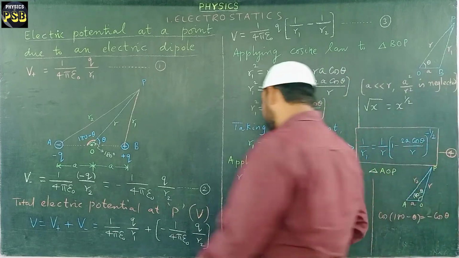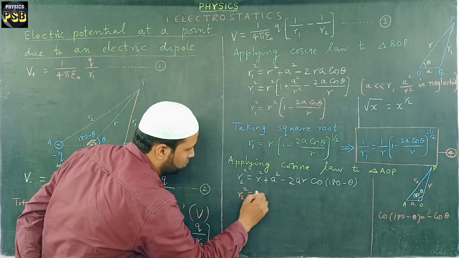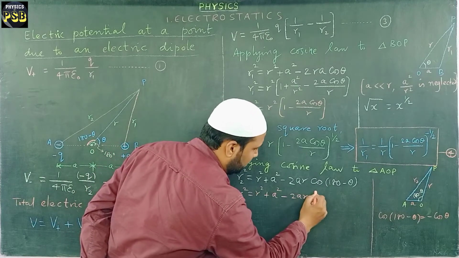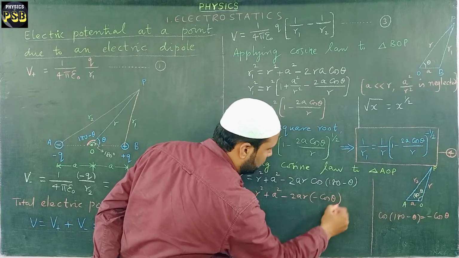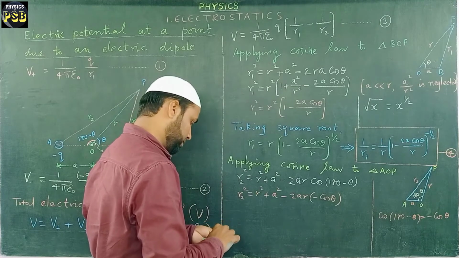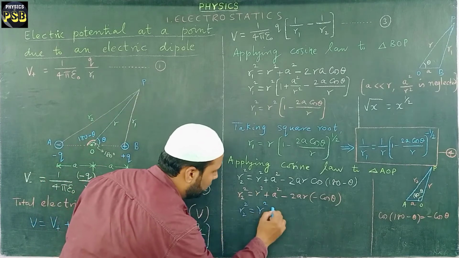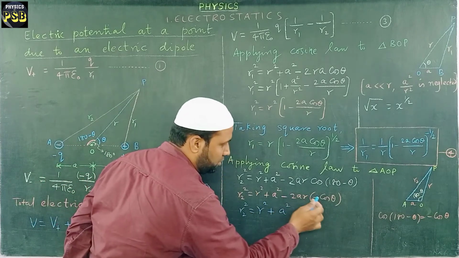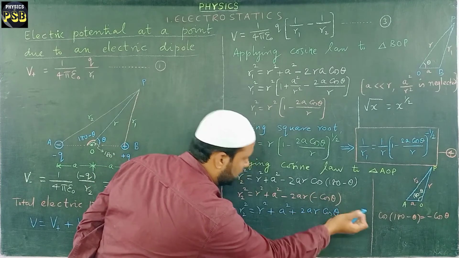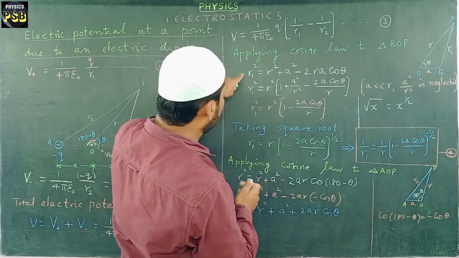By doing so, I get this in the next step: R2 square equals R square plus A square minus 2AR multiplied with minus cos theta. When these two get multiplied, we get R2 square equals R square plus A square, minus multiplied with minus becomes plus 2AR cos theta. Now if you look at this, it appears somewhat equal to the earlier one.